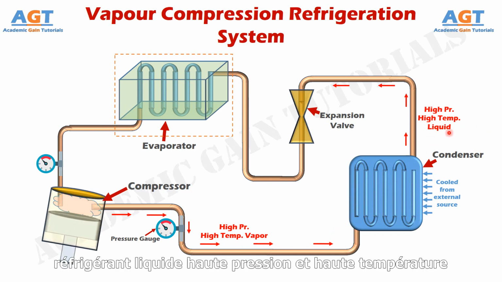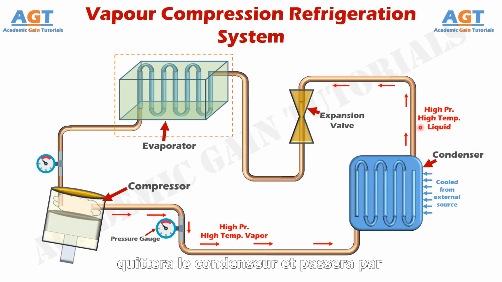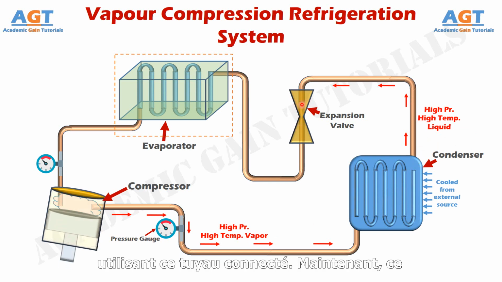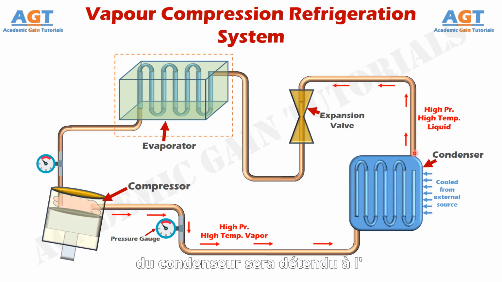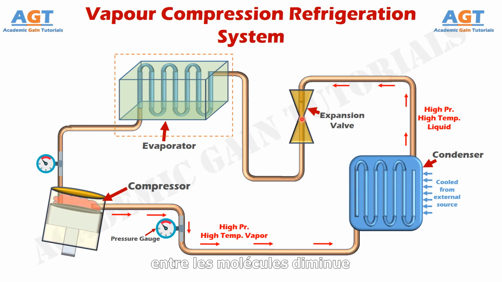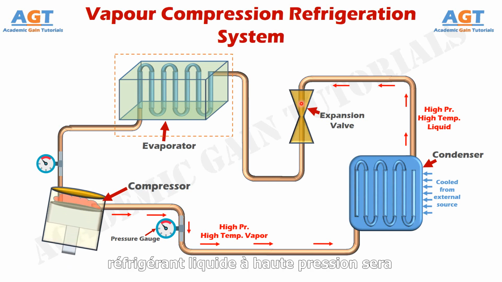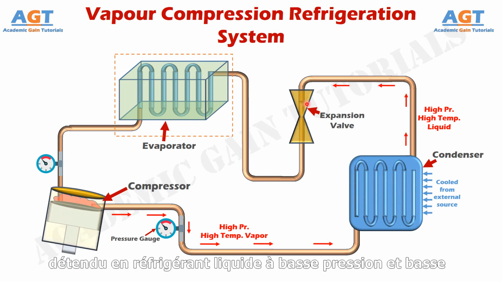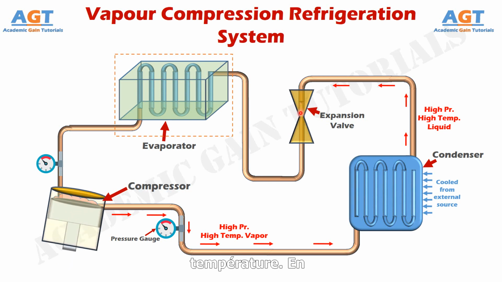Now this high pressure high temperature liquid refrigerant will leave the condenser, and pass through this expansion valve or throttle valve using this connected pipe. Now, this high pressure liquid refrigerant coming from the condenser will be expanded inside this expansion valve. We know that when expansion occurs, the pressure between the molecules decreases considerably, thus the temperature falls. So, this high pressure liquid refrigerant will be expanded into low pressure, low temperature liquid refrigerant.